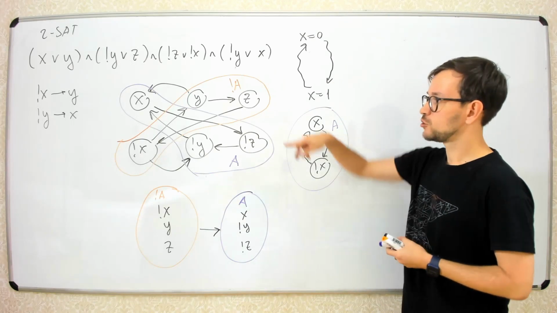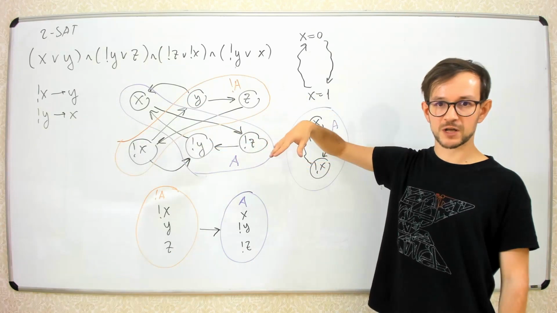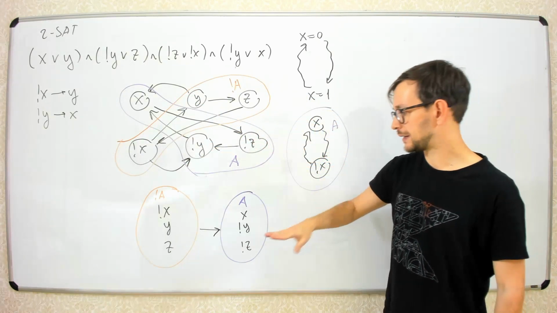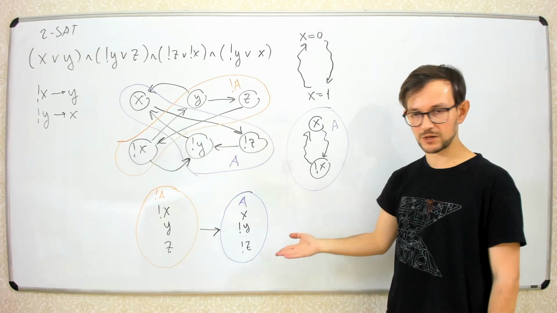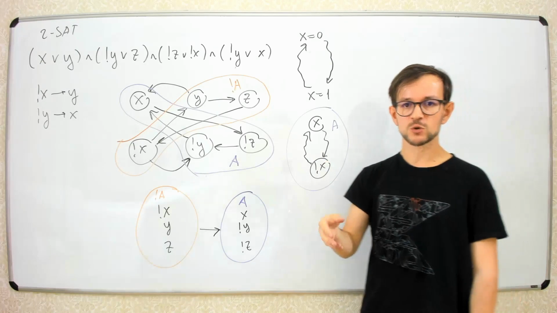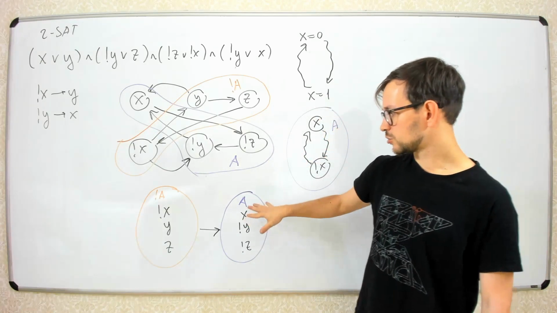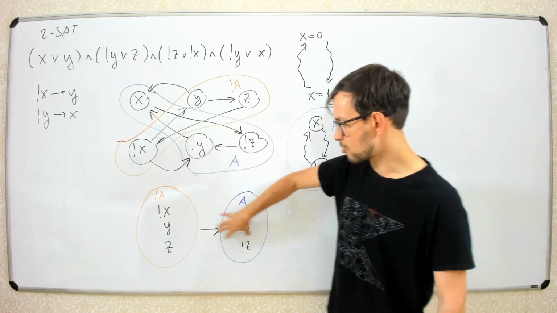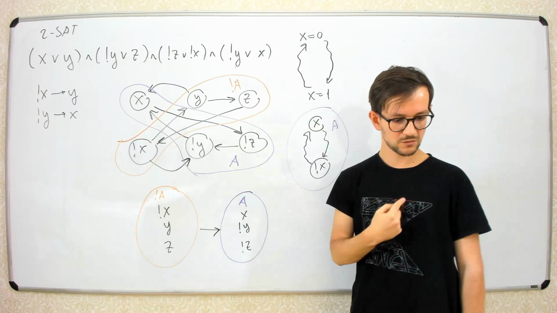So again, you condense each strongly connected component into a single vertex. Now you have this problem. This is the same problem. This is a two-SAT problem. You may have more variables. So each strongly connected component is a variable. So here you satisfy everything here, or you satisfy everything here, and you have this implication.